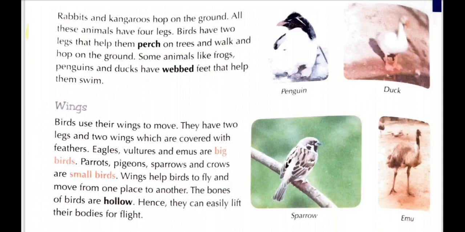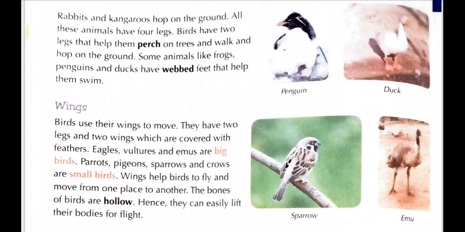See students, animals move in different ways. They walk, run, hop. Hop means jump. Swim, fly, creep and crawl. All the animals do not have 4 legs. Okay, so some have 4 legs, some have 6 legs, some have 8 legs.